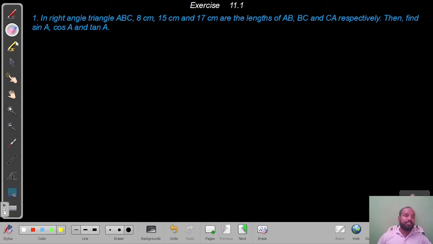What is the given data we should write here?